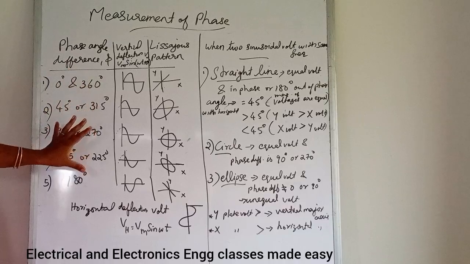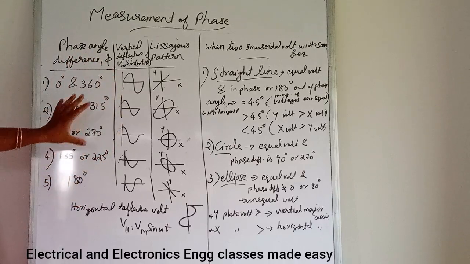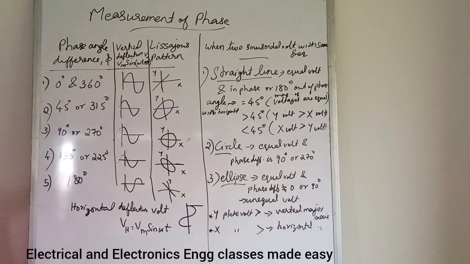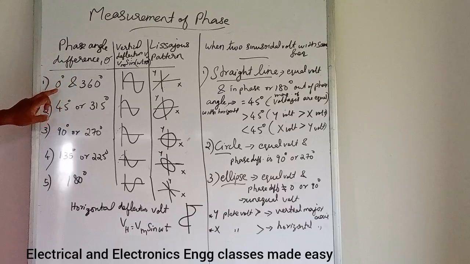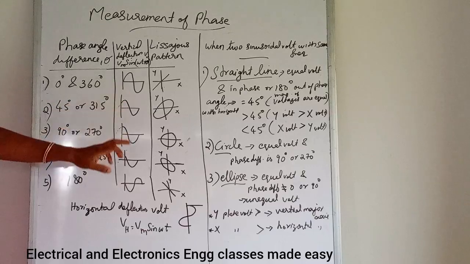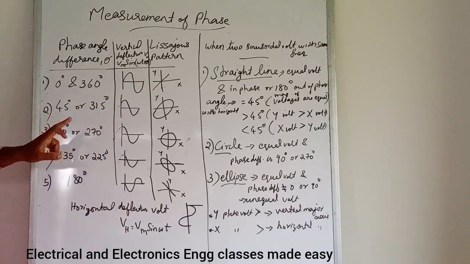Then we will get different Lissajous patterns depending upon the theta of the voltage applied in the vertical deflection plate. So, when phase angle difference theta is equal to 0 degree and 360 degree, that is both are in phase, then we will get a straight line.